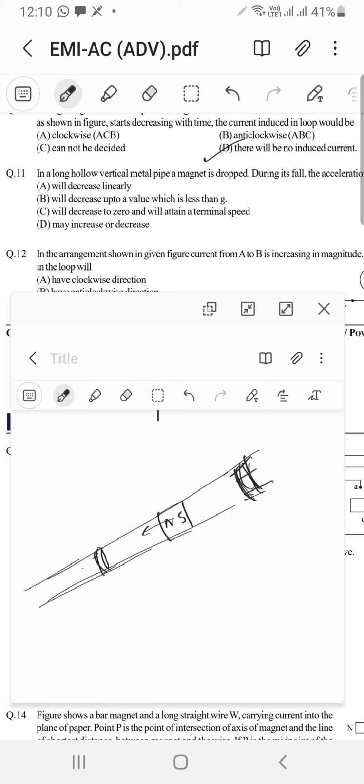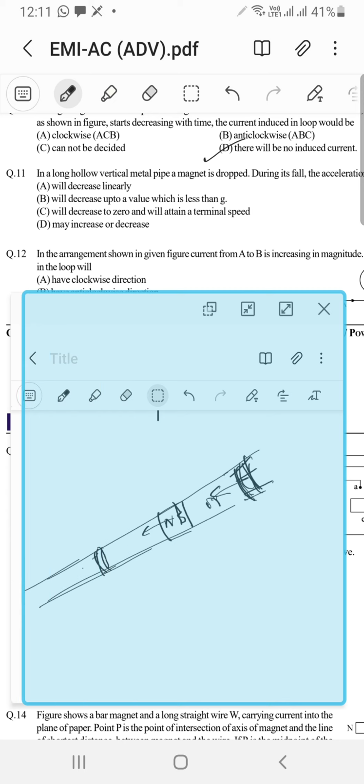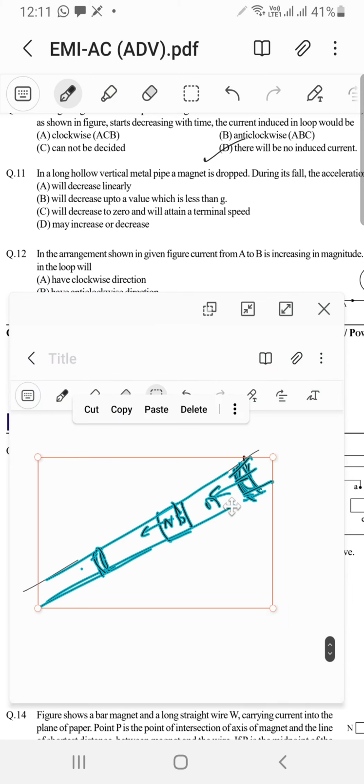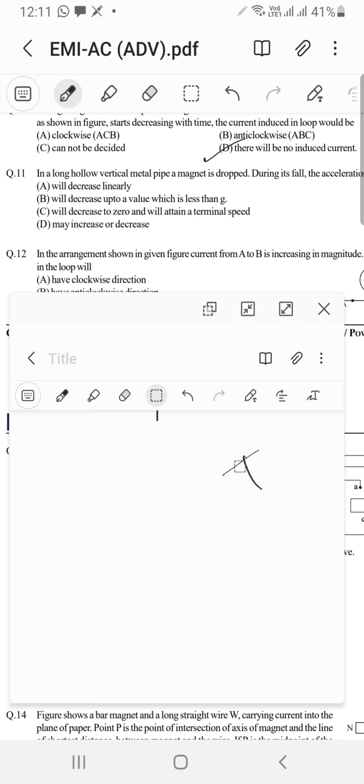That's why it will create a field like this, and for that it has to be a north pole over there, a south pole over there. Wait, what? But no, that's not right. If it's getting less, it wants to make it big in that case, so it has to be a north pole in that direction, so it actually attracts this thing. Yeah, and of course, the higher the velocity, the more will this thing happen.